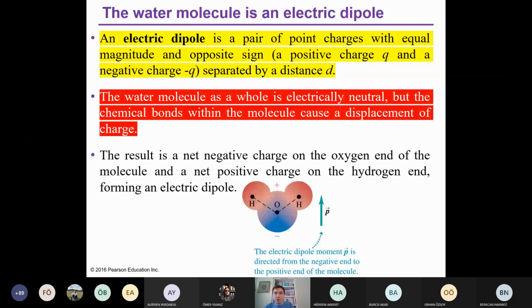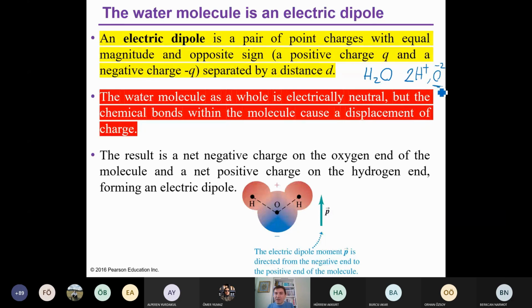So you know water is given with this formula, H2O. Hydrogen is positively charged, but oxygen is negatively charged. In total, I have two positively charged hydrogens and one negatively charged oxygen.